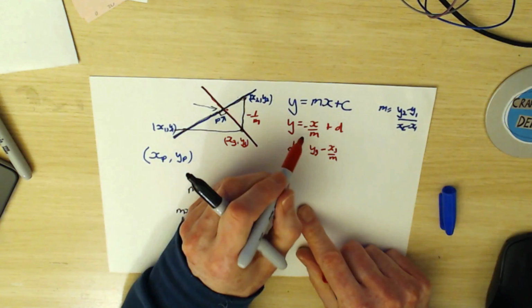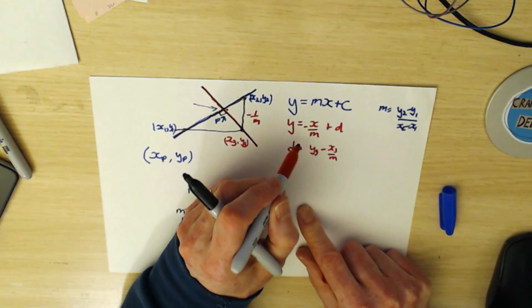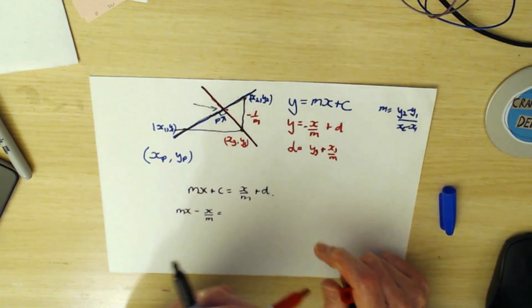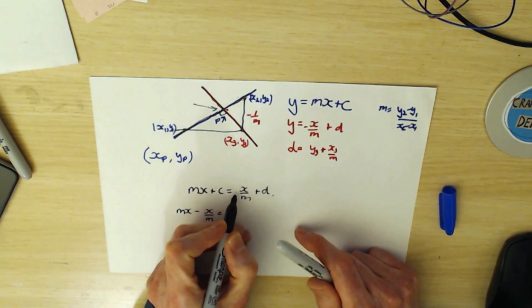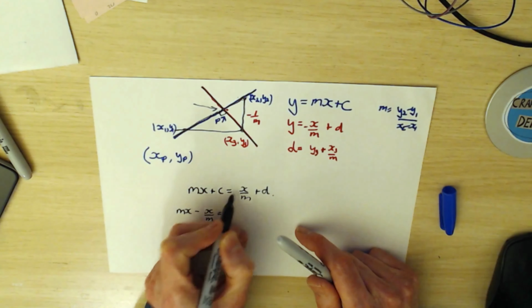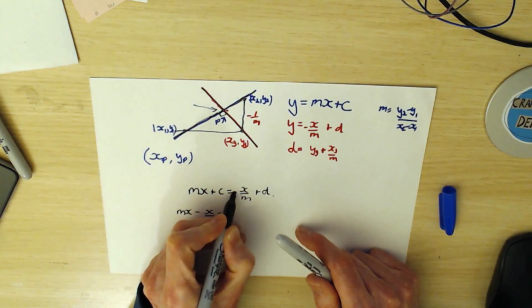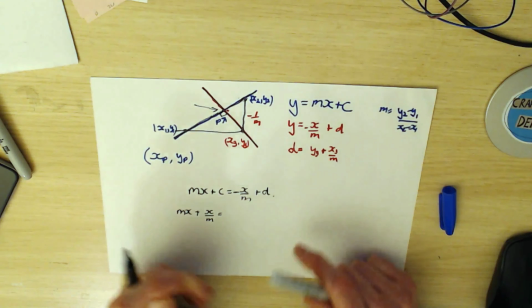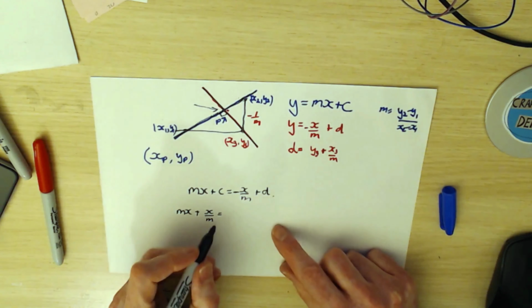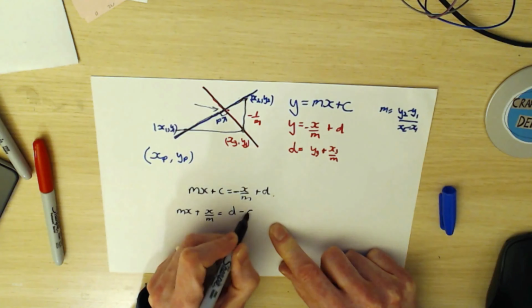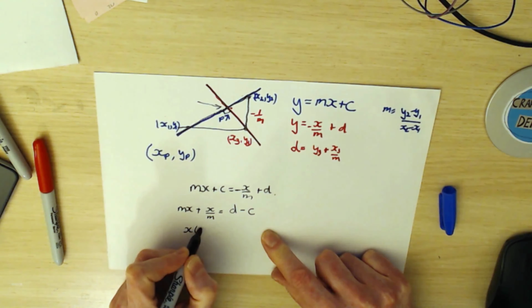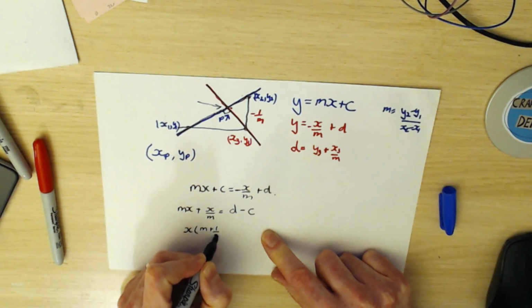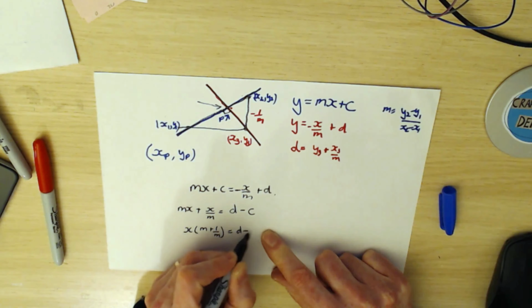So d is actually equal to y plus x over m. Same mistake twice. Plus d minus c. So I can solve for x now. X times m plus 1 over m equals d minus c.